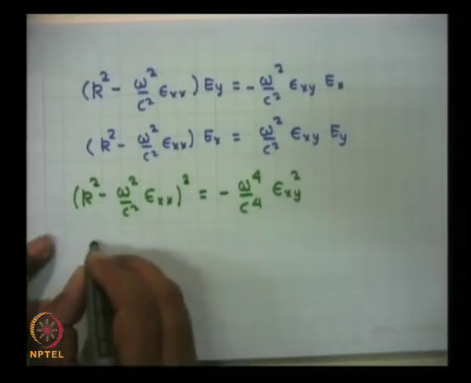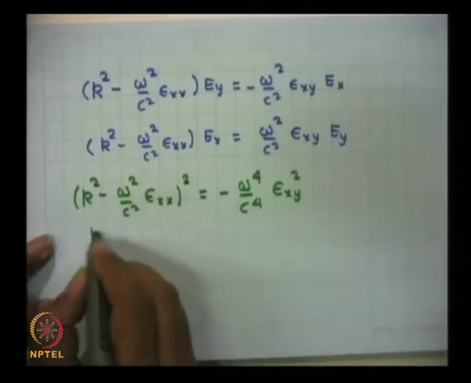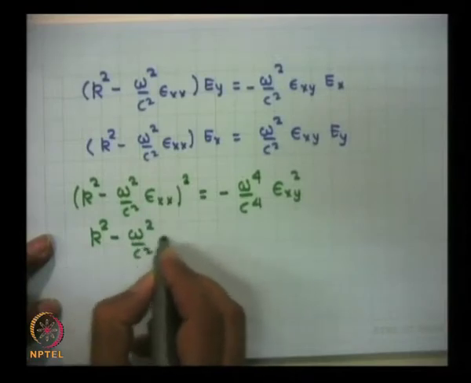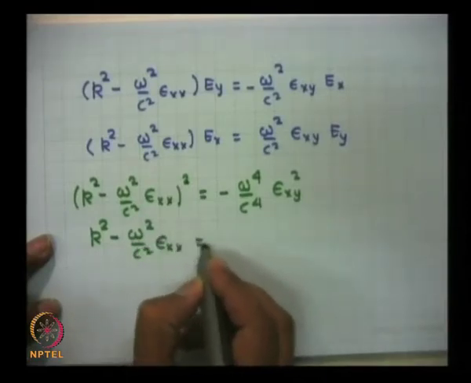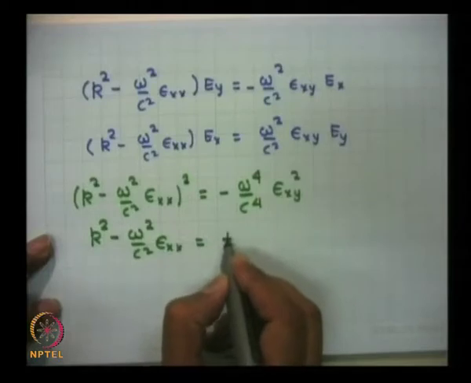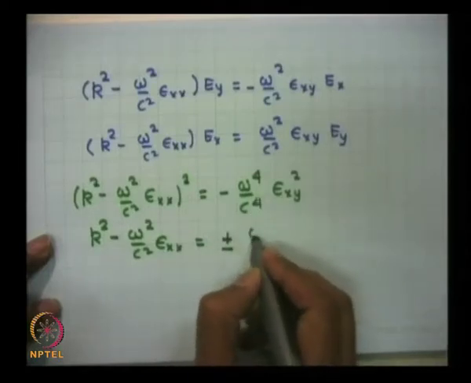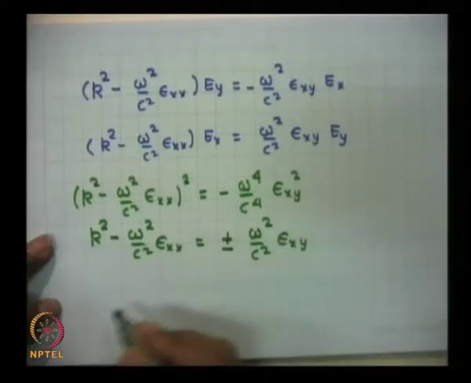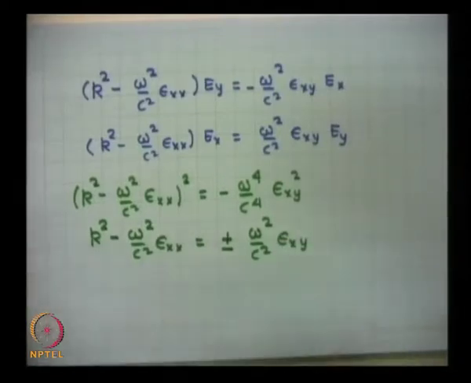So, you get k square minus omega square by c square epsilon xx is equal to plus or minus omega square by c square epsilon xy. There are two possibilities, so k does not have a single value.